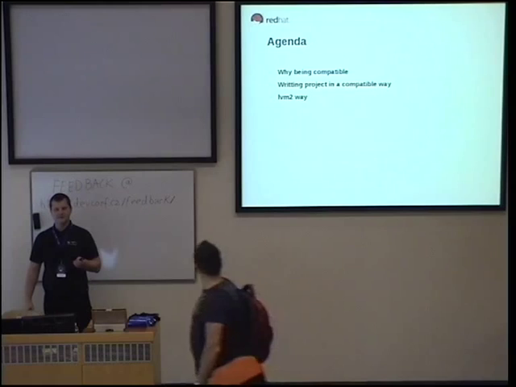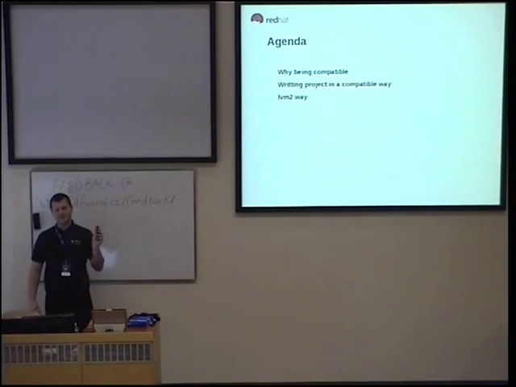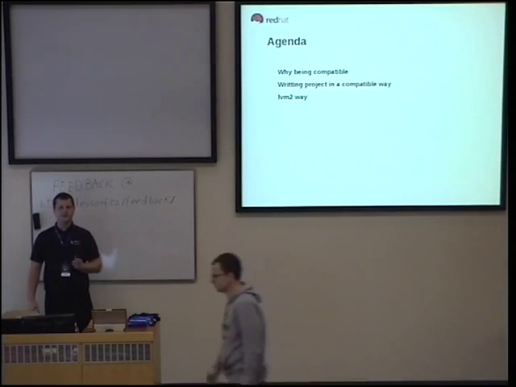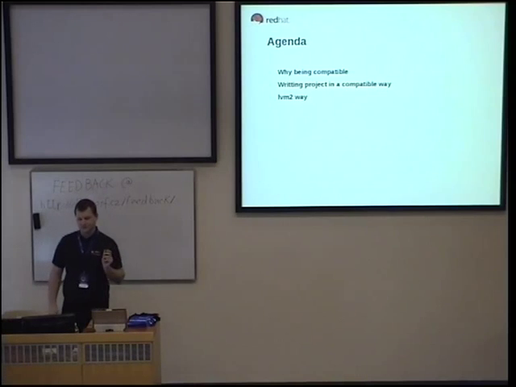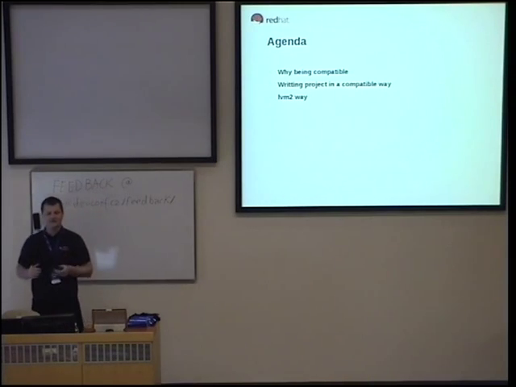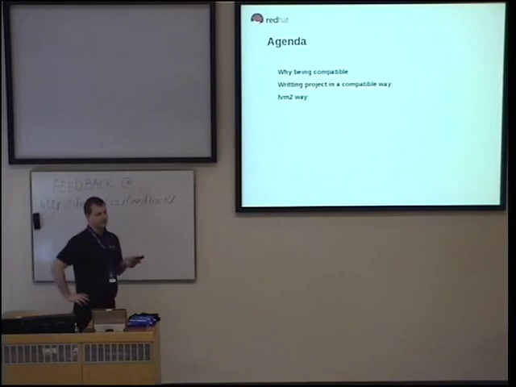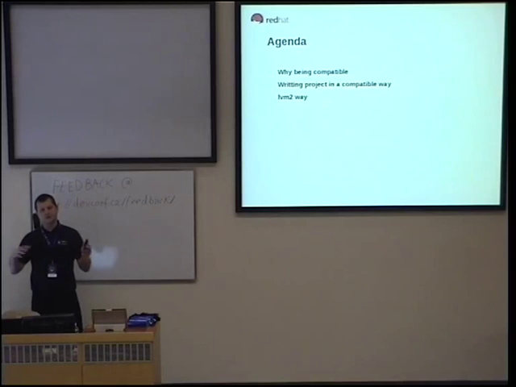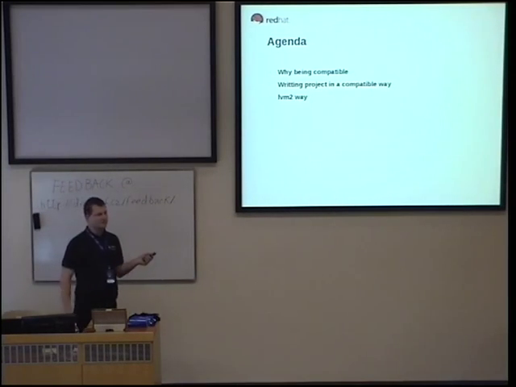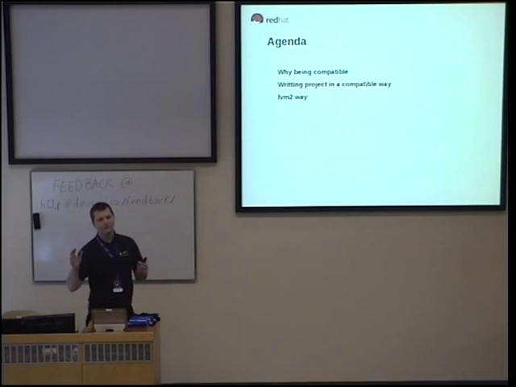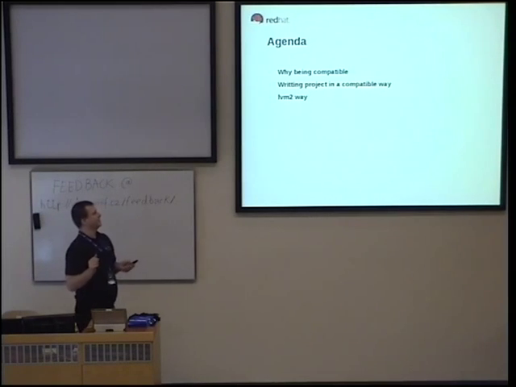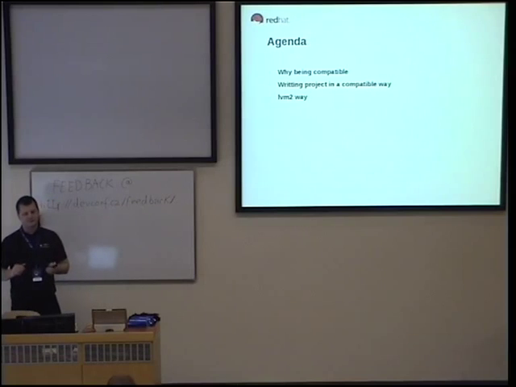I will first mention what I mean by compatibility and why we should be compatible. Then a few words, or not a few words, about what it means to write a project in a compatible way, and I will mix in our LVM solutions. I will even show you code from LVM to demonstrate how we do things.